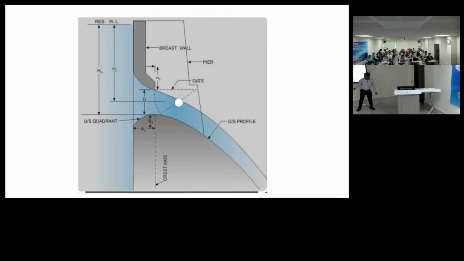What is the formula for the Ogee spillway? Q is directly proportional to H. As the head increases, the discharge also increases. To increase the head on the crest, as you take the gates down, the head also increases, so the flow and the discharge will increase. So this is the main advantage of taking the gates down from higher positions to lower levels.